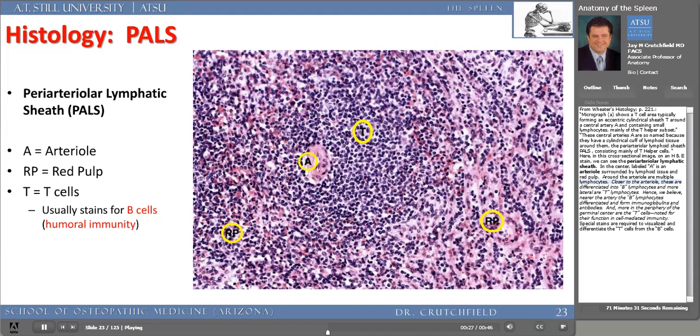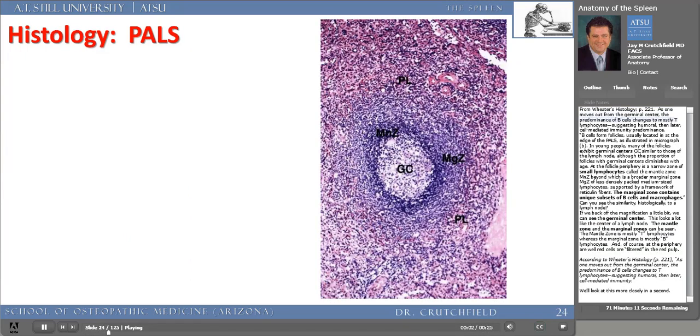Hence, we believe that near the artery, the B cells differentiate and form immunoglobulins and antibodies, and more in the periphery of the germinal center are the T cells, noted for their function in cell-mediated immunity. Special stains are required to differentiate the T cells from the B cells.